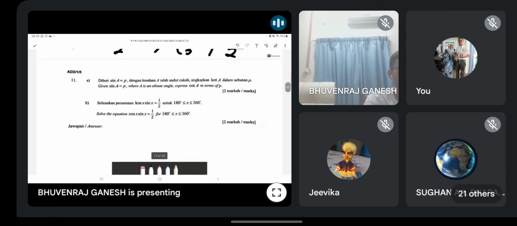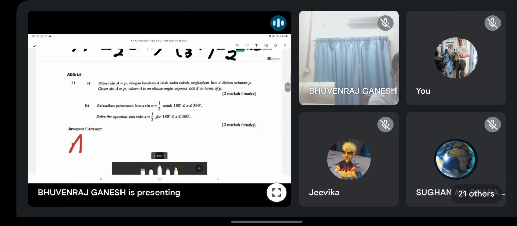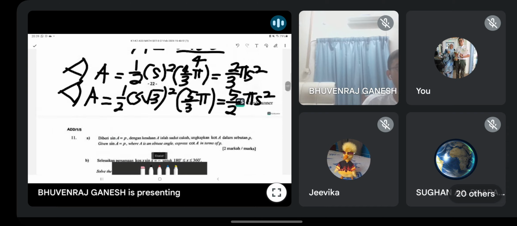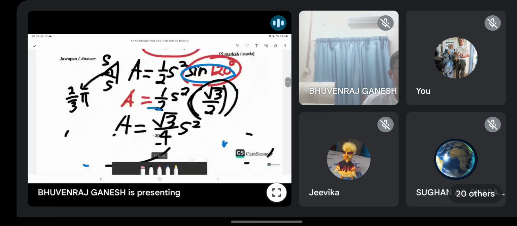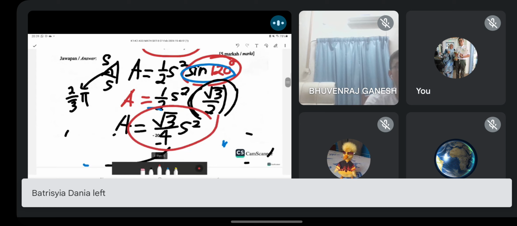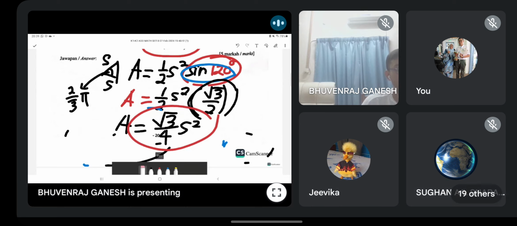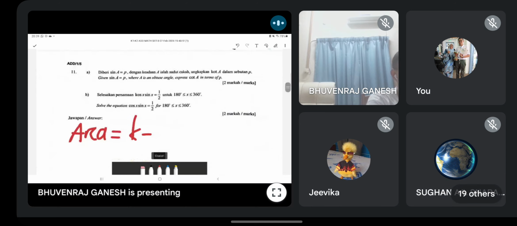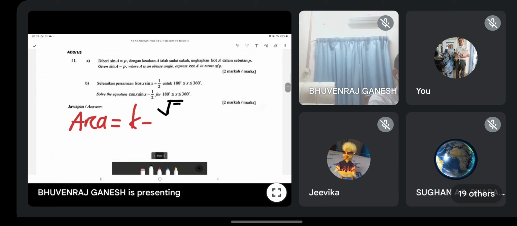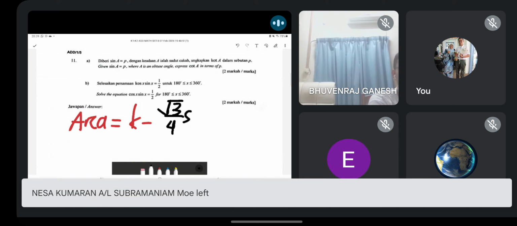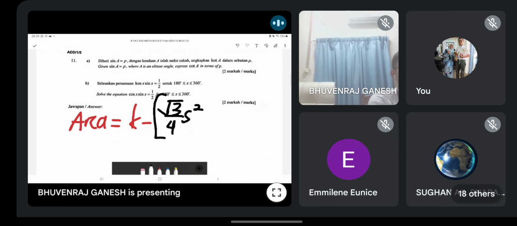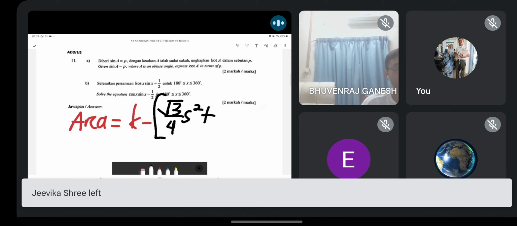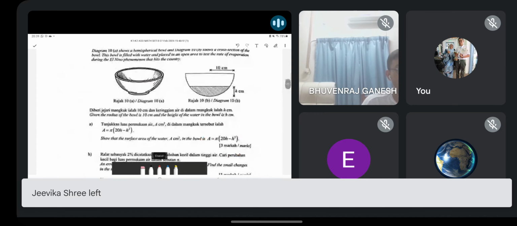So now, the final part, to find the area, we will take K. K is the whole area, right? The question already told us. Minus all these values. Okay, minus this one, sub 3 over 4 s square. You minus sub 3 over 4 s square. If you are confused, you put in brackets, to avoid being careless.